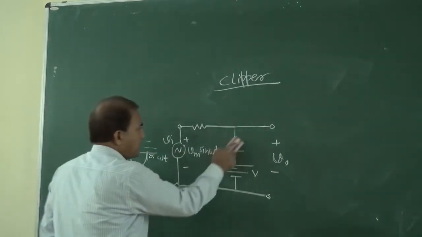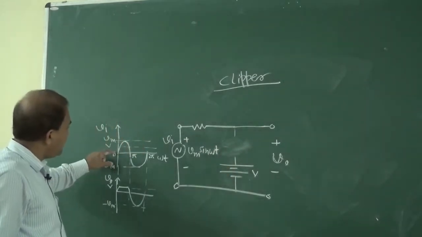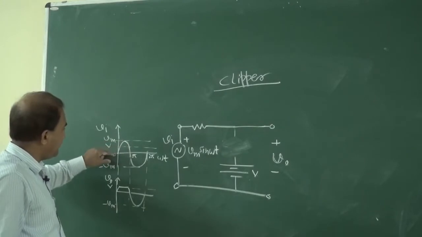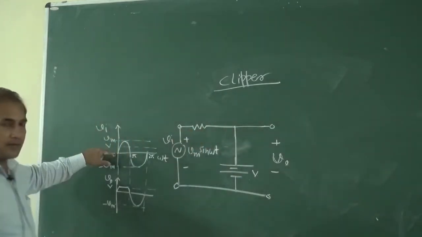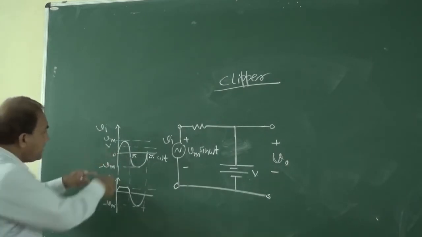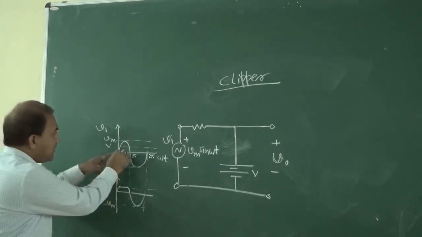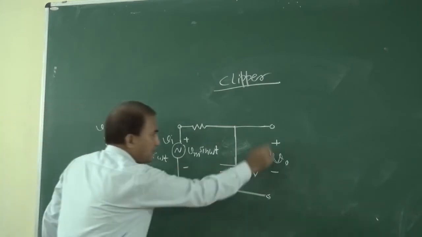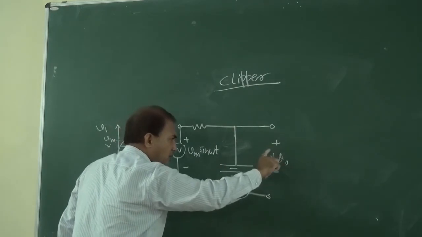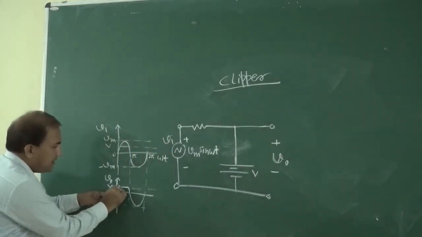So the output will be like this, from 0 to maximum it will be V, because here V output will be equal to V, this is the maximum.